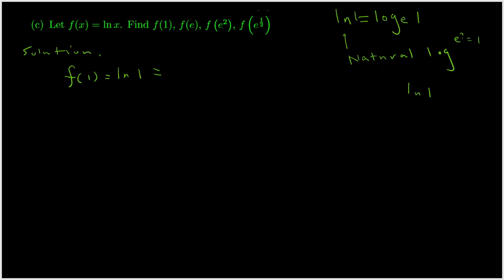Anybody want to tell me the value, please? E to what power is equal to 1? E is 2.7 something. We mentioned that last time, right? 0 is right. E to the power of 0 is equal to 1. That's why natural log of 1 is equal to 0.